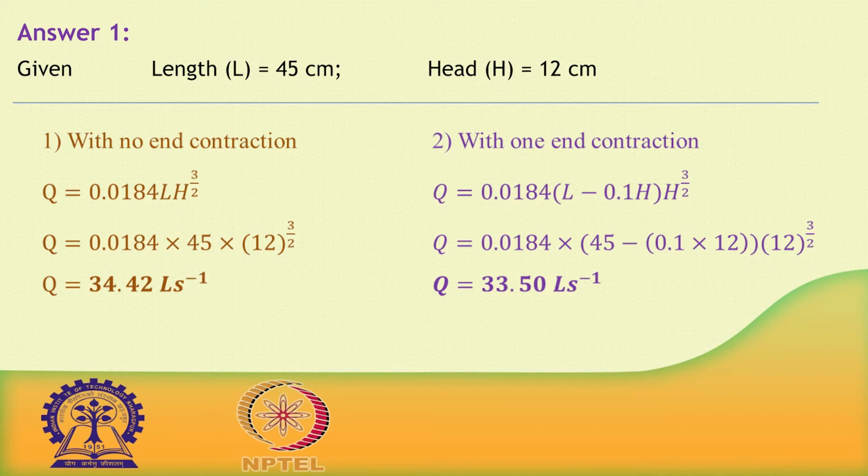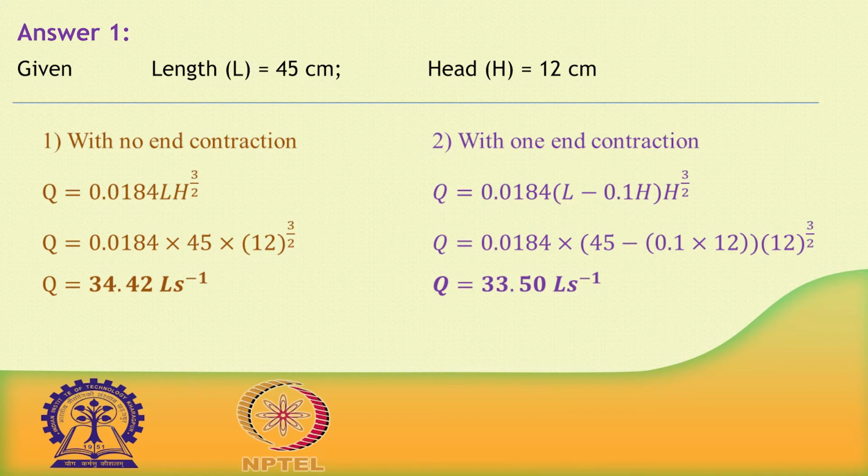It is a very simple thing. The length of the weir crest is 45 centimeter and the head over the rectangular weir is 12 centimeter. A very standard Francis formula is available: when the weir has no end contraction, the discharge Q is given by 0.0184 into L into H to the power 3 by 2.